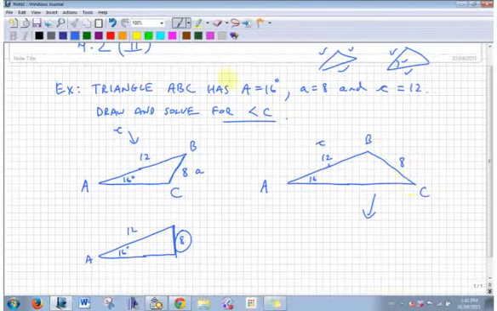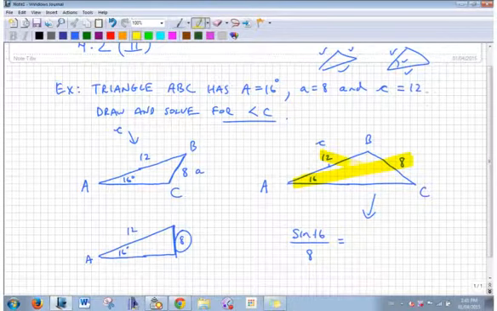Angle C has this opposite stuff going on. I know the side opposite angle A is 8. Let's put the angle on top because I'm solving for an angle. Sine 16 over 8 equals sine C, that's what I'm trying to find, over 12.